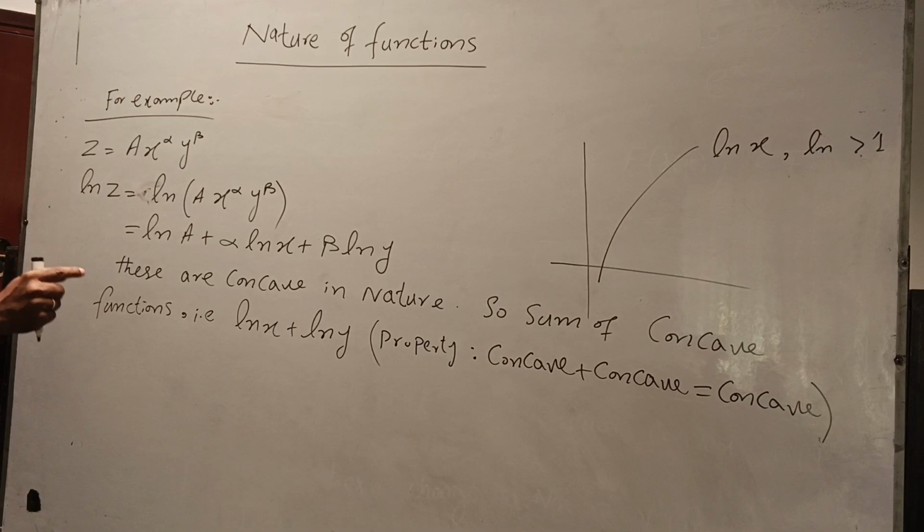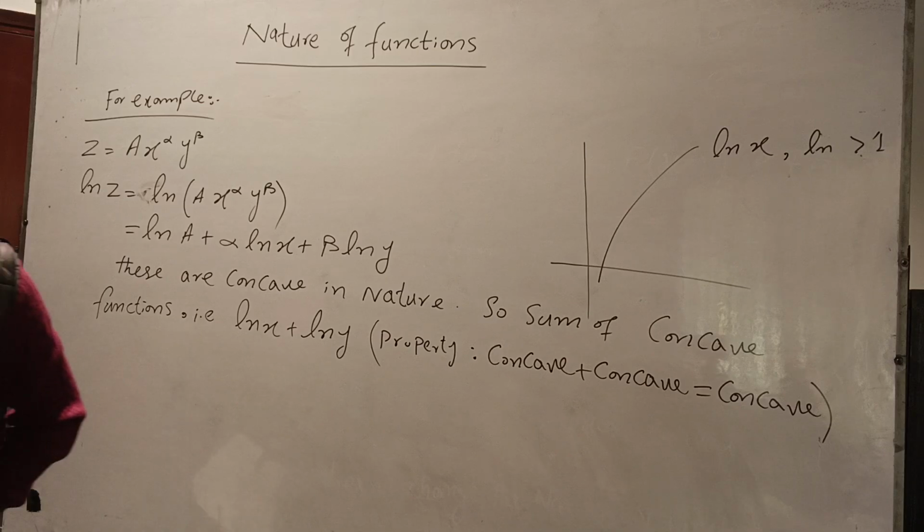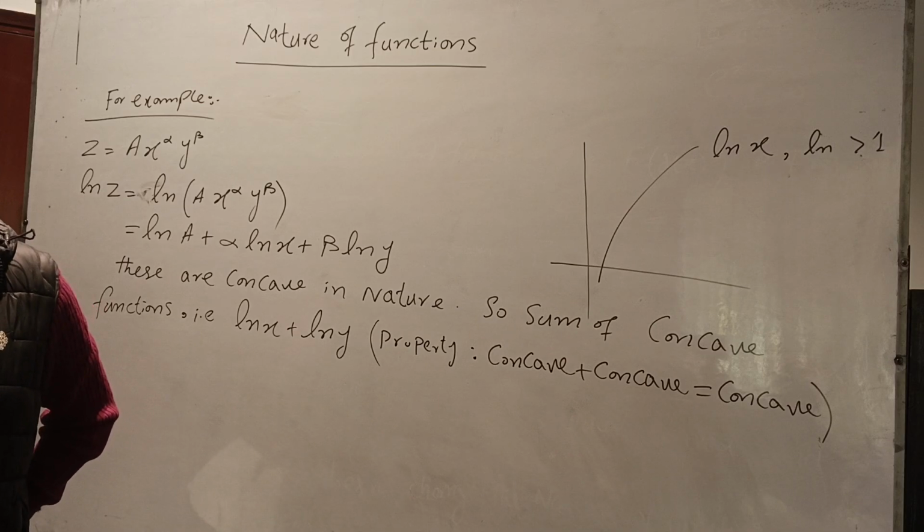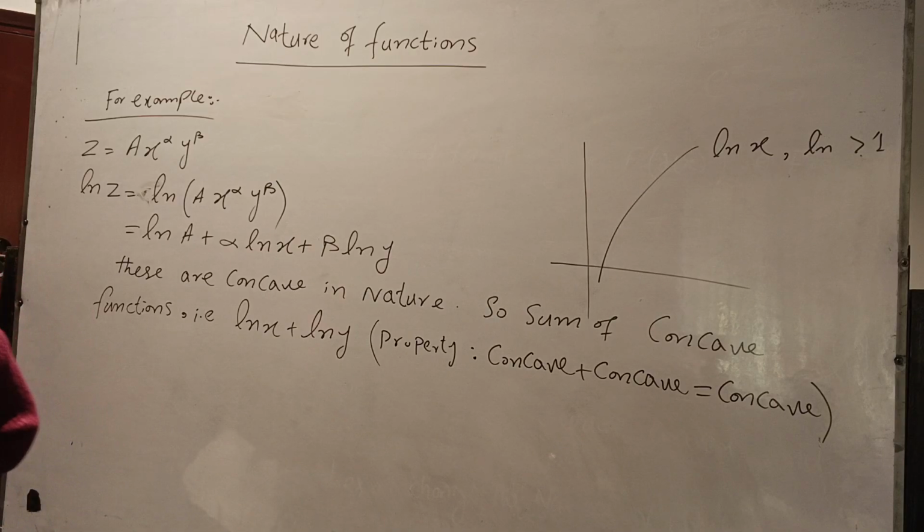So the function must be quasi concave if initially it is concave. We have proved this previously. Clear? Exactly. Vice versa is not possible, but if it is initially concave, it will be quasi concave. Clear? So we have discussed.